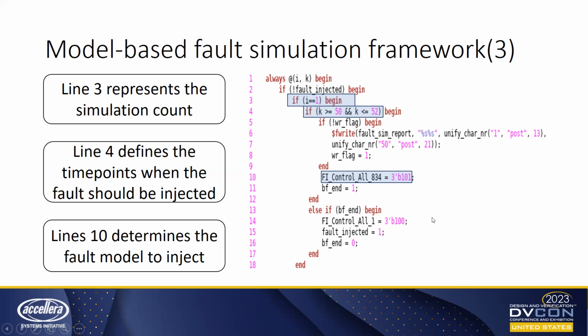So it's injecting a bit flip only for one clock cycle. And then this data is written into an output log file. And it's writing the time point when it is injected, as well as what kind of fault model we are utilizing.